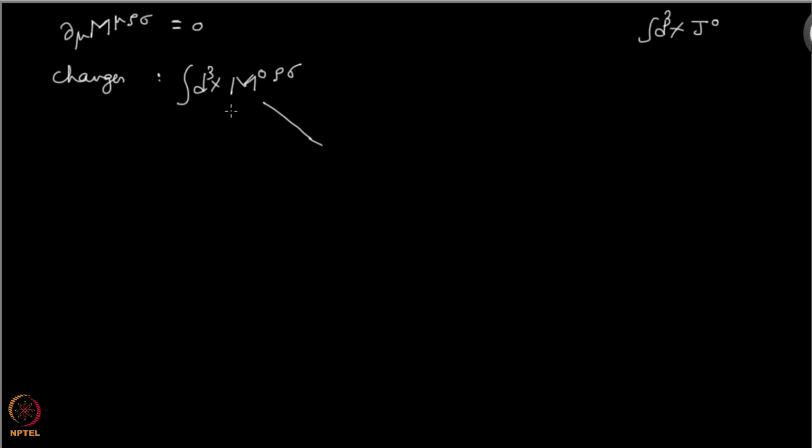So let me just bifurcate this. The charges corresponding to boosts will be this M 0, and boosts are parameterized by, when you are looking at omega rho sigma, omega 0 i.